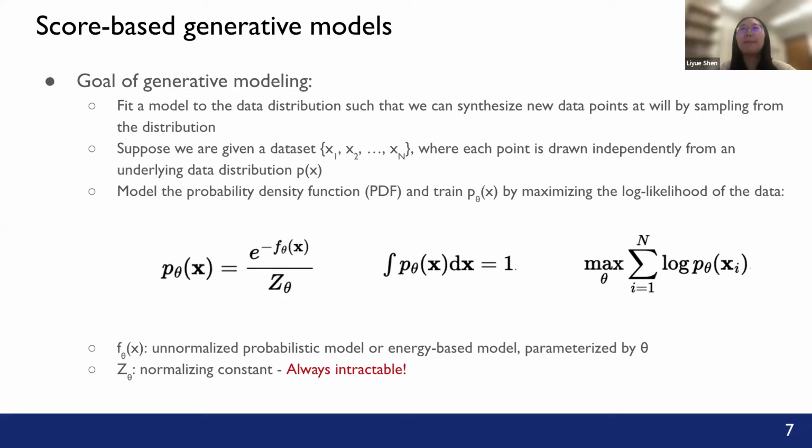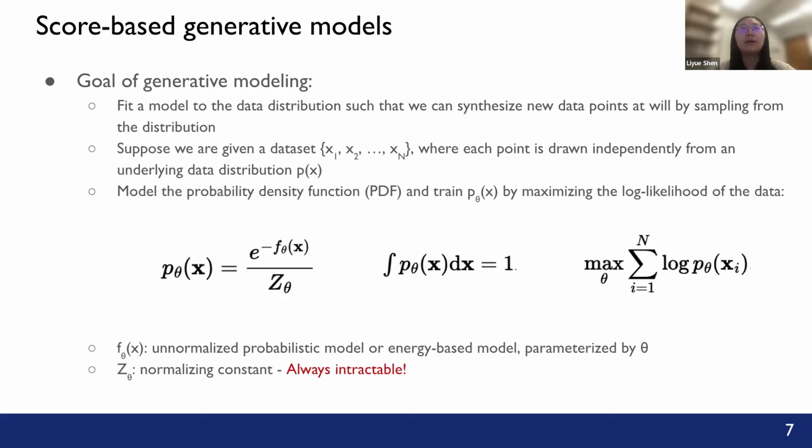If we step back to think further from the very beginning: how can we represent the distribution? Given a data set, for example samples x1 to xn from an unknown distribution P_x, we may want to model the probability density function of the distribution through a probabilistic model or the energy-based model I'm showing here.